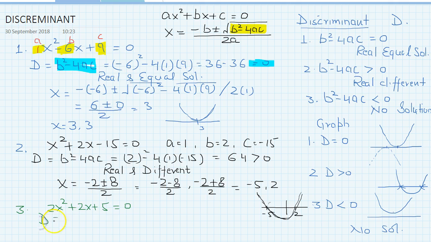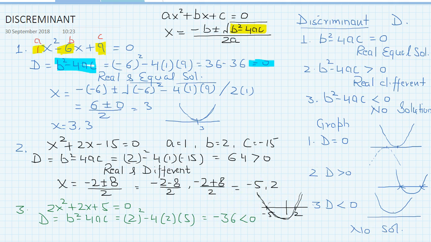So here the discriminant is b square minus 4ac. So that is b is 2, square, minus 4, a is 2 and c is 5. That is 5 times 2 is 10, times 4 is 40, minus 4. That is negative 36, so it is less than 0.